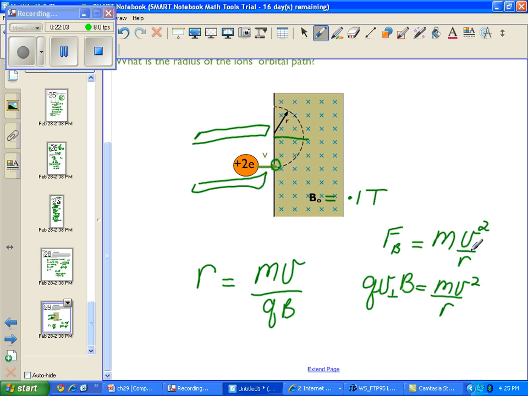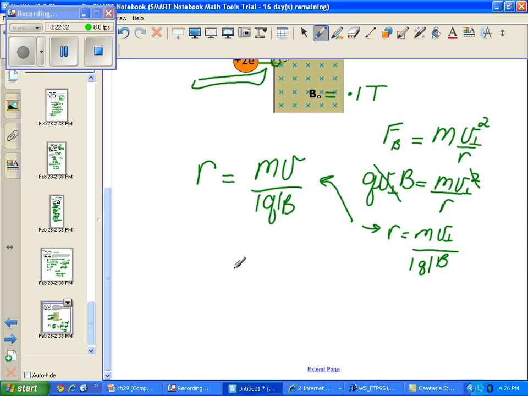This v is the one which is perpendicular because that's the one that experiences the centripetal acceleration. This v cancels one of those, and so solving for r, we get m, the perpendicular v, over the magnitude q times B. And that's where this came from.